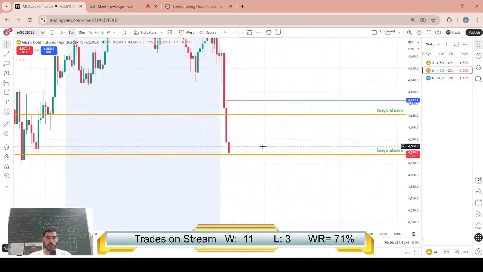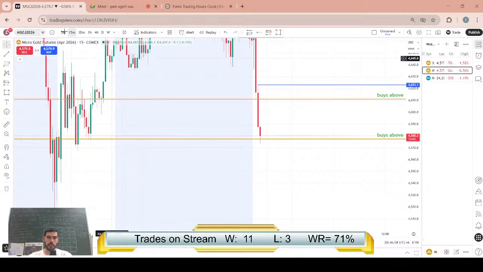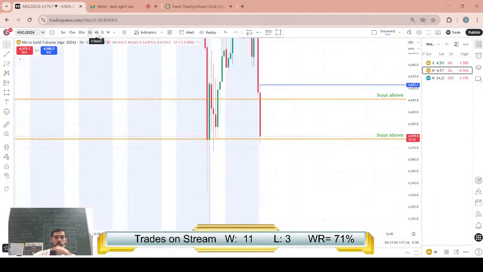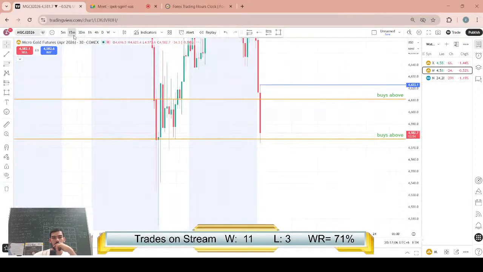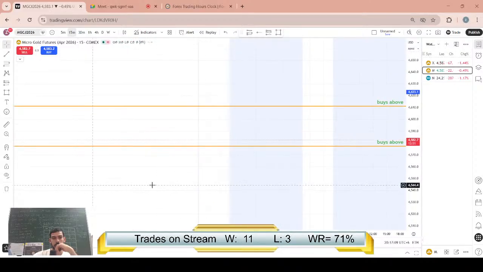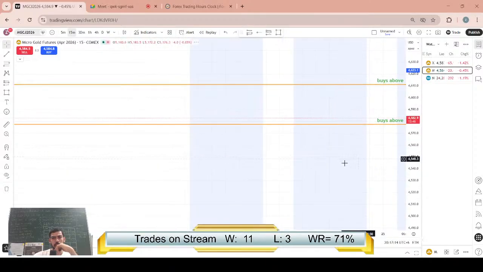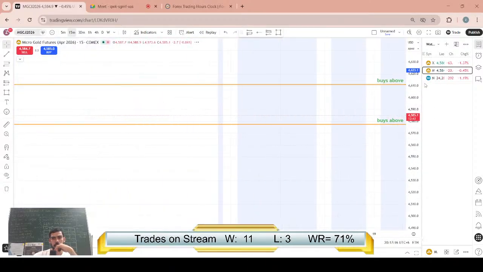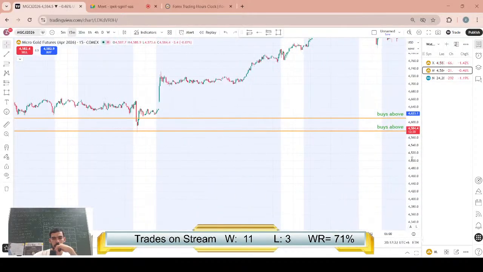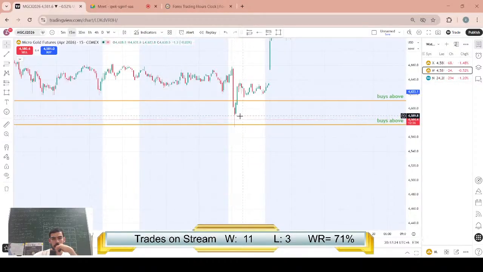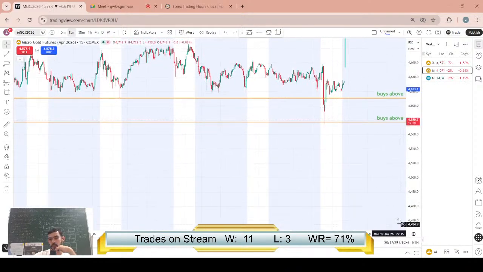So the 15-minute candle closed. It filled this range right here, and for buys we have to wait. We had a rejection here before from this area. Doesn't look bad.